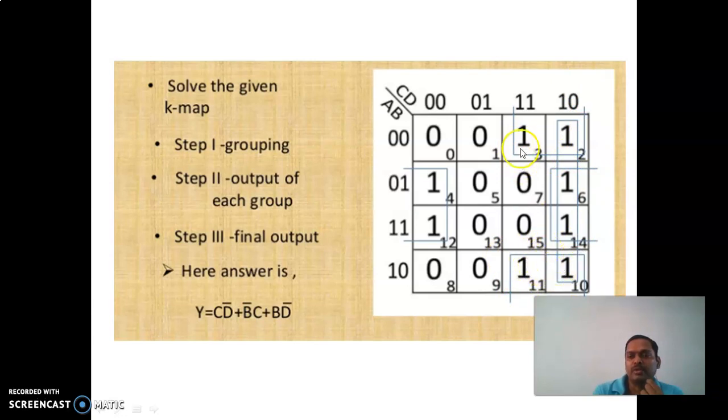So we are mapping the top two like this, and the bottom two like this, and here 1 1 and here 1 1 are there. So we are mapping the adjacent sides, and the corner sides as well. If you solve this after grouping, the expression is C D bar plus D bar C plus B D.